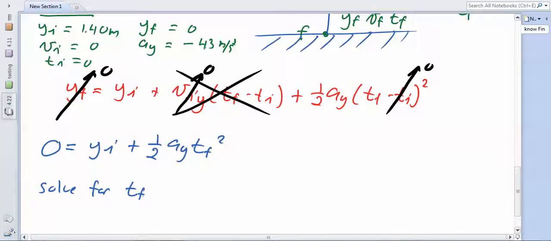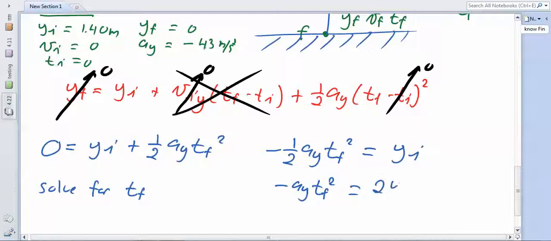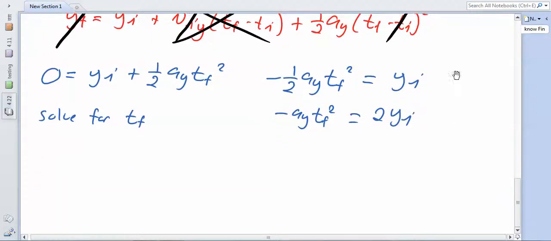I'll take the second term to the left and make it negative. So negative 1/2 a sub y t sub f squared is equal to y sub i. Multiply both sides by 2. So I have negative a sub y times t sub f squared equals 2 y sub i.